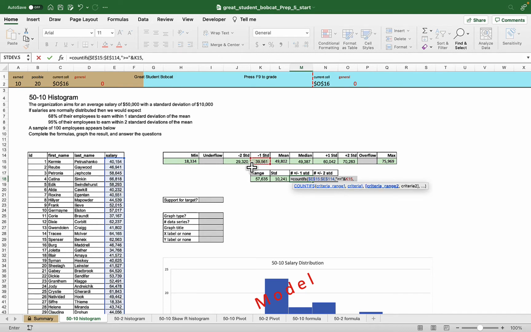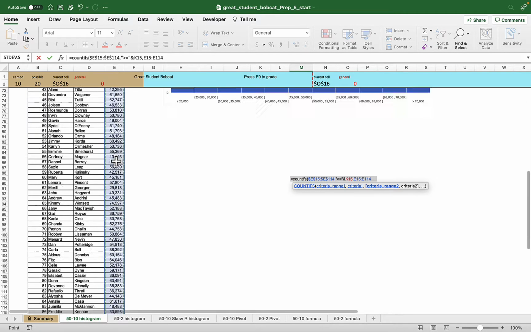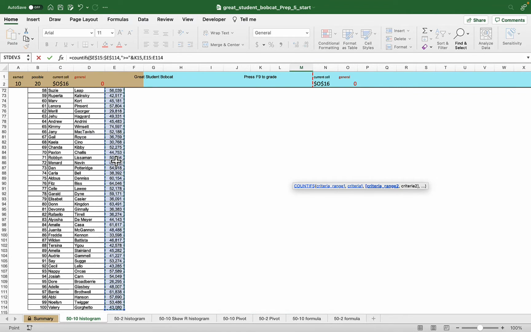But we also want to be less than 1 standard deviation on the other side. So we do the same thing again, grab the same range. It's a range, so we lock it. And the criteria, again, has to be in those funky quotes with the ampersand.